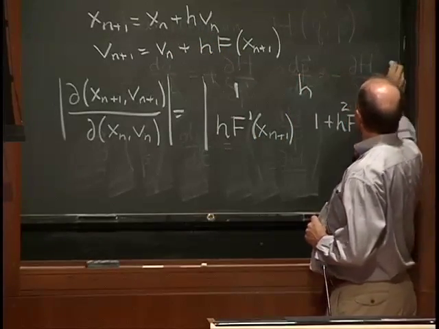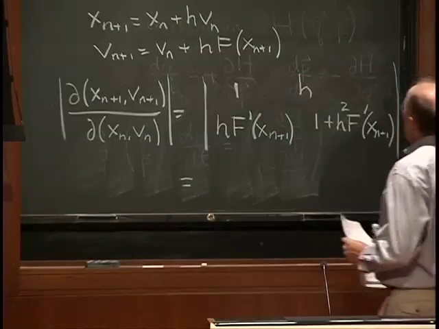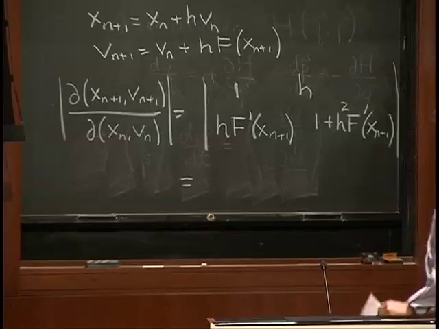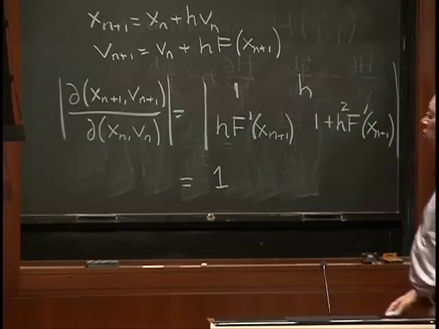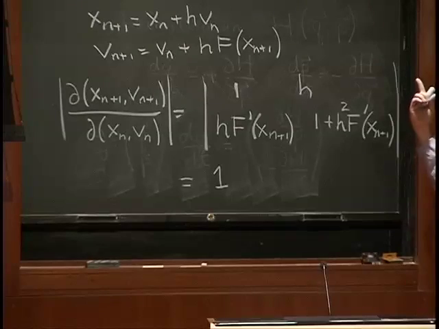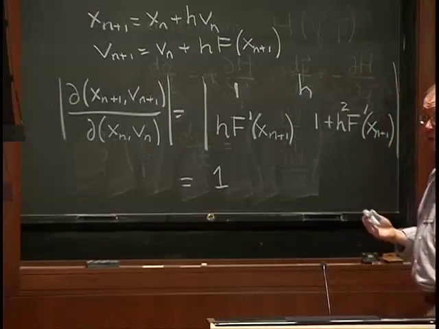And so that makes that an h squared. And if you stare at that for a moment and you work out the Jacobian, it's 1. So regular Euler doesn't satisfy Liouville's theorem. Modified Euler does satisfy Liouville's theorem.